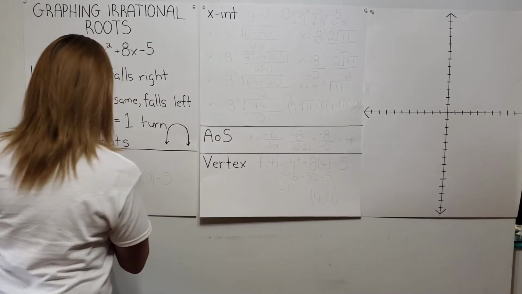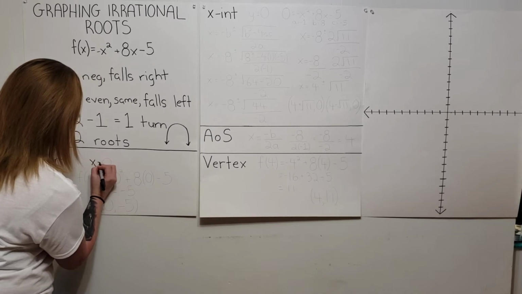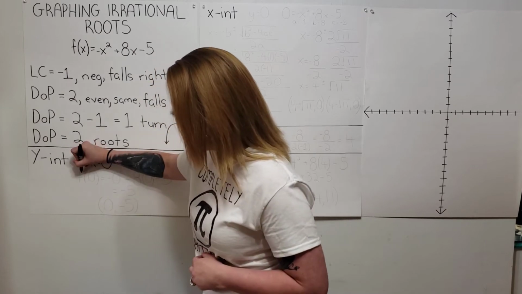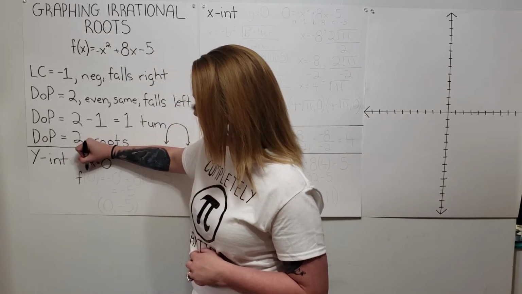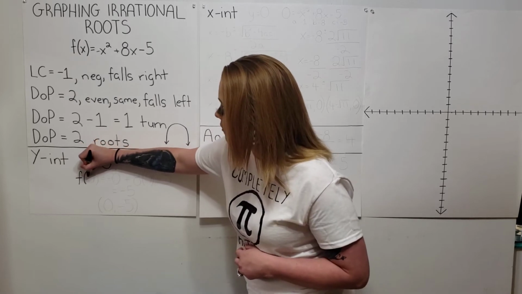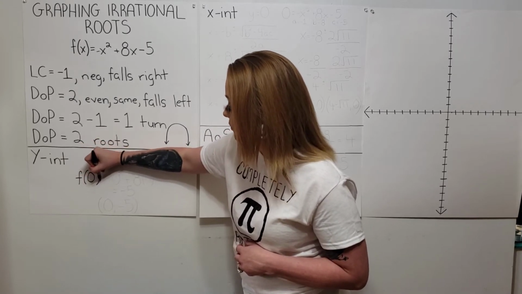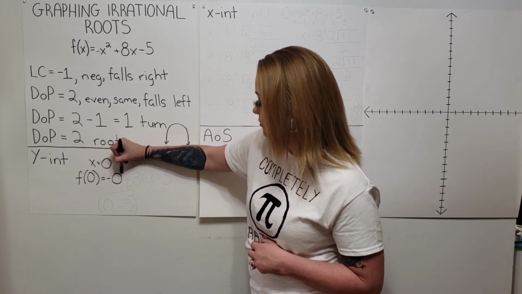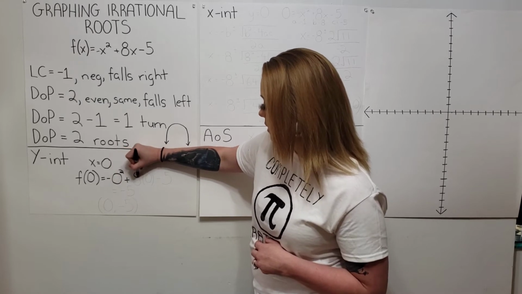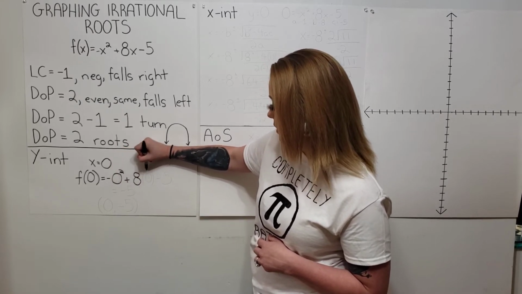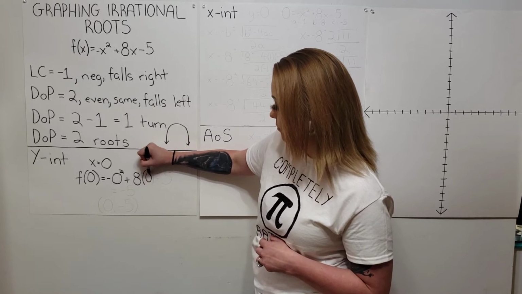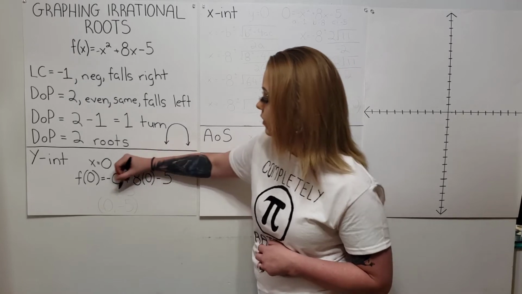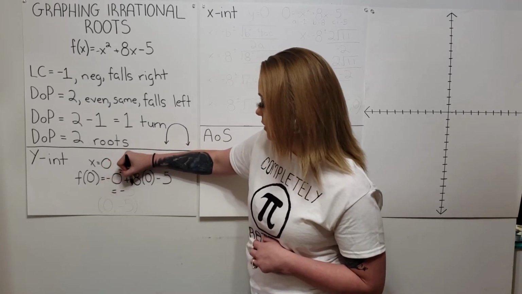So we have x equals 0, which is going to give us f of 0 equals -0 squared plus 8 times 0 minus 5, which gives us -5.